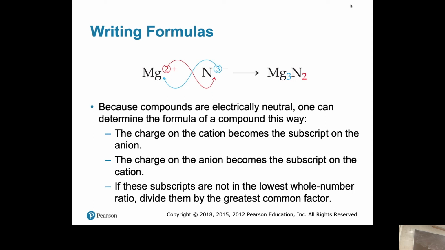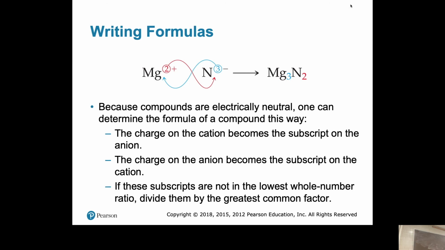and make the compound neutral? Because nature wants things to be neutral, not charged. And so all you really have to do is, hey, there's a 2 here and there's a 3 here. All you have to do is move the 2 for the magnesium and put it there for the subscript for nitrogen, and then move the 3 for the nitrogen and make that the subscript for magnesium.